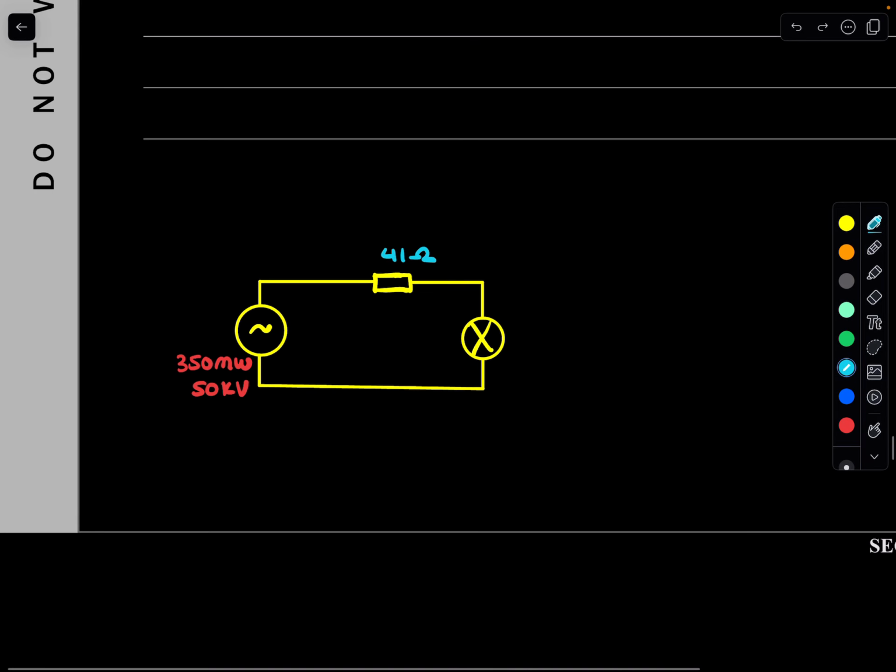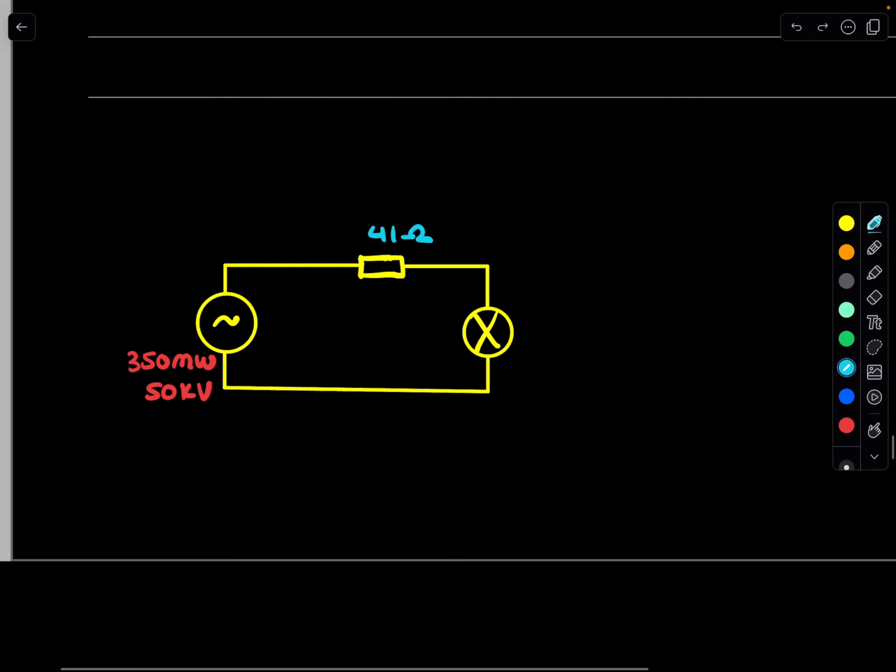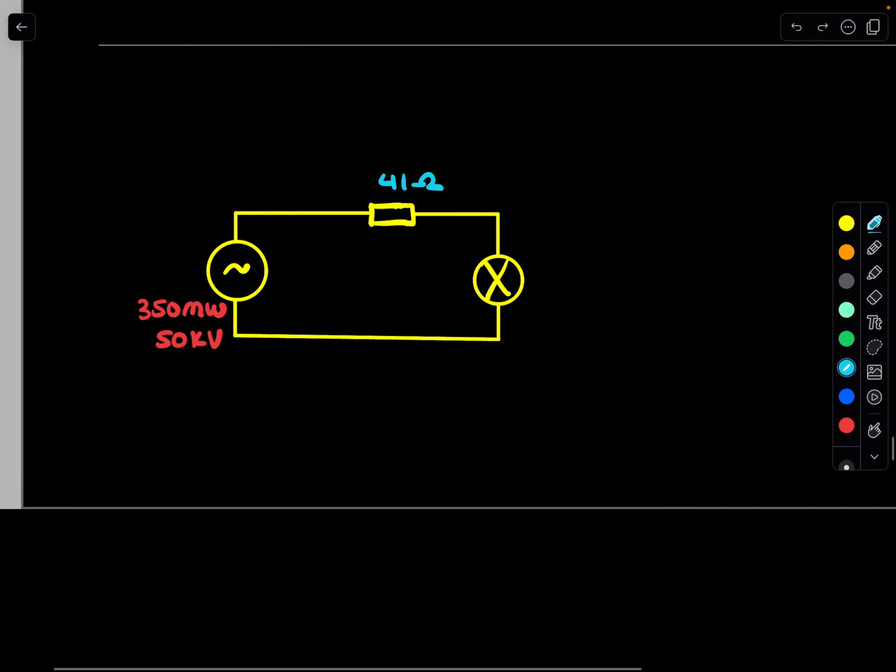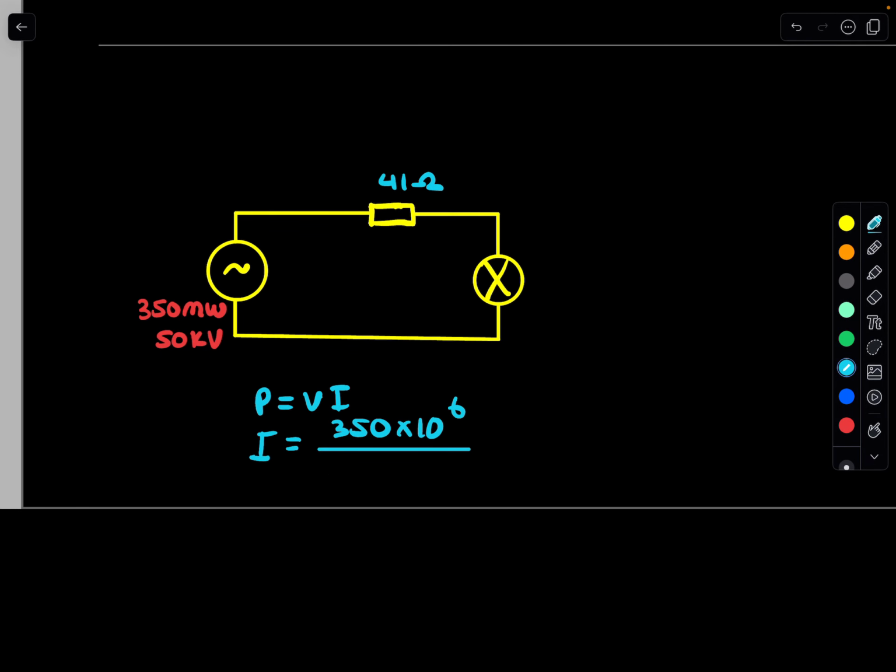Wow, that's a big problem, because we know how much current, when we started, it was how much was it? 700 amps. But if you now do the calculation, you know power is equal to voltage times current. So current is your power, 220 times 10 to the power 6, over 50 times 10 to the power of 3.